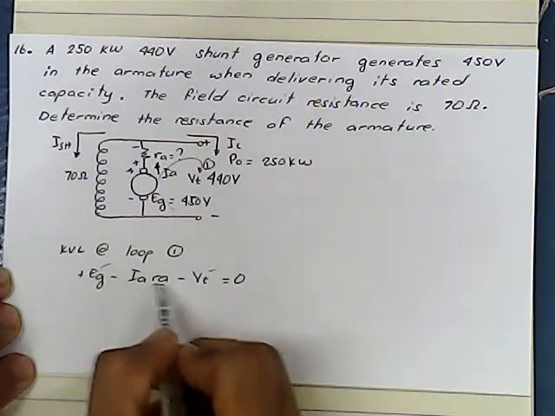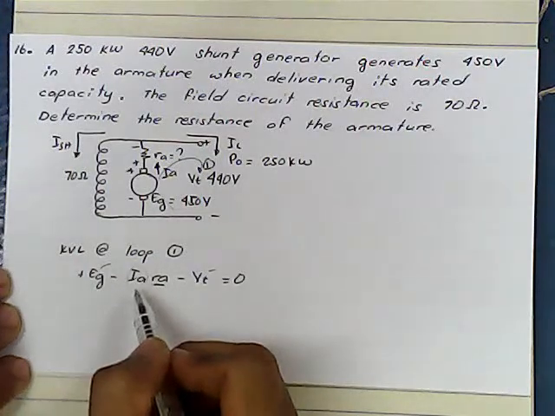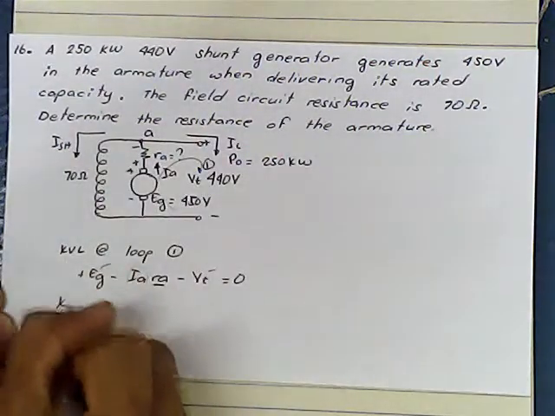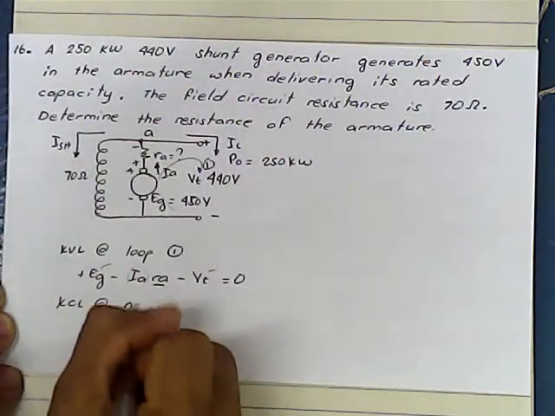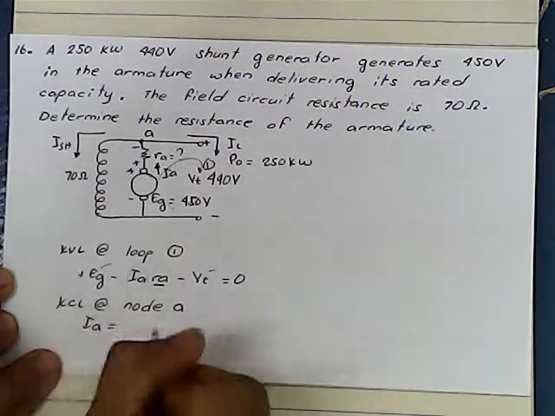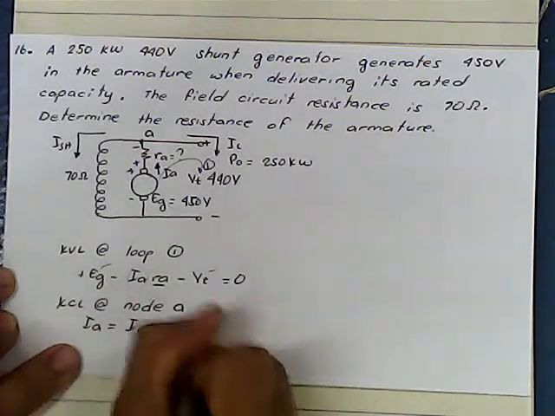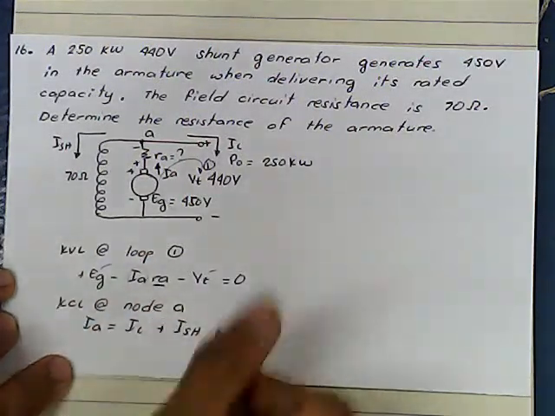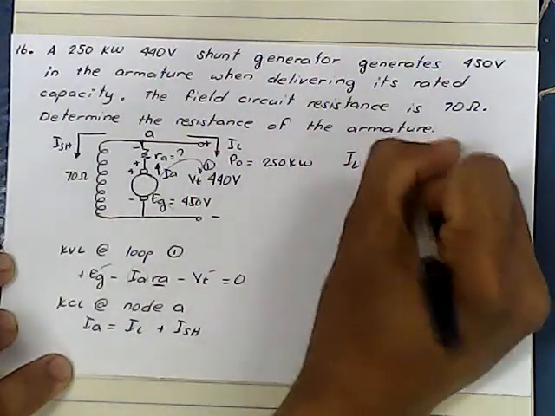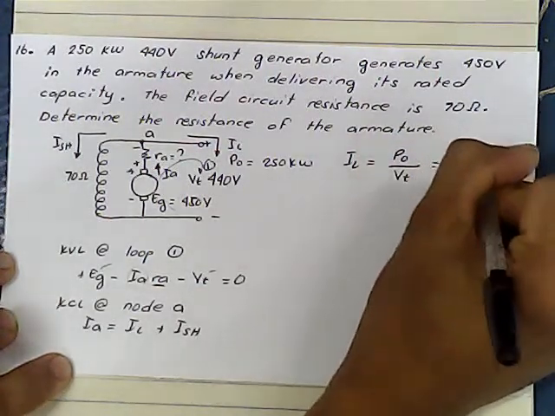Ang hinanap po natin yung RA, ngunit wala pa po tayong given na IA na pwede nating makuha. Establish ulit tayo dito ng node, okay, KCL at node A. Again, that is IA, summation of current in and summation of current out. IL plus ISH.